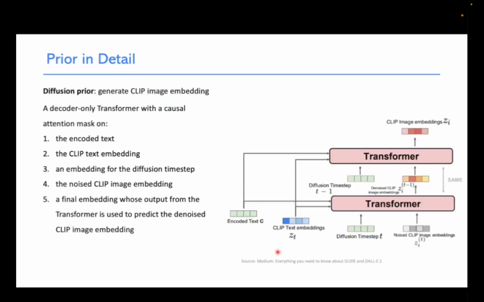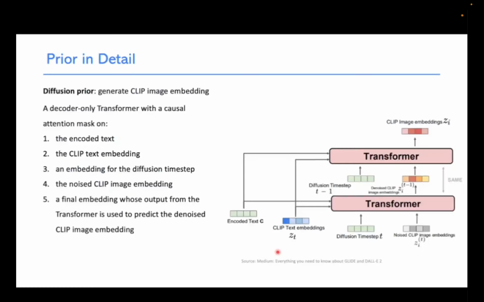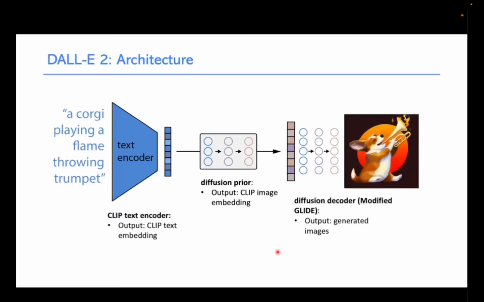I guess the encoded text here is just a simple encoding of the text into vectors. But the text embedding uses the CLIP encoder to transform the text into the embedding space that we used in CLIP.